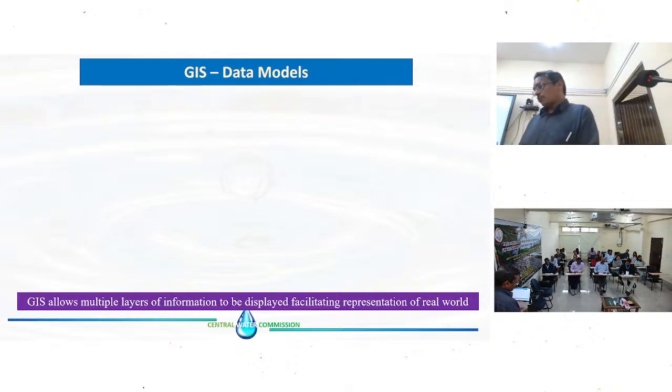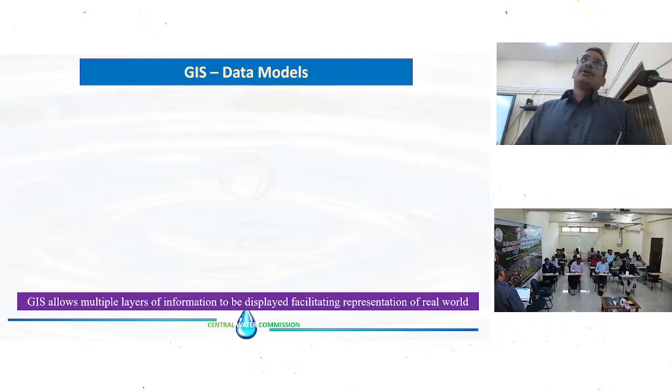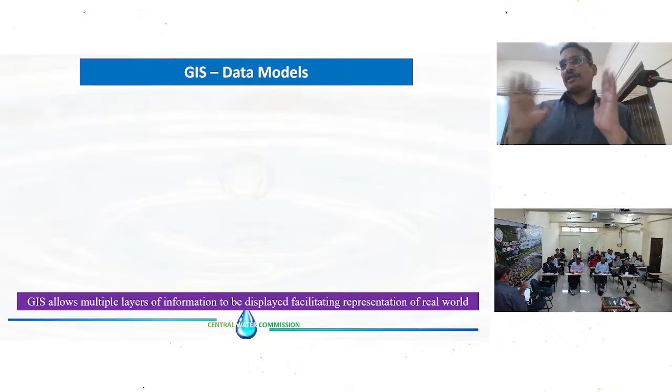Whereas the raster data model is generally used for representing continuous data. Elevation is continuous data. Elevation varies from here to here to here. Every point has an elevation. So to represent the elevation of a particular region, you can divide that region into a grid, and every grid cell, every pixel, will have the average elevation, or whatever you want.